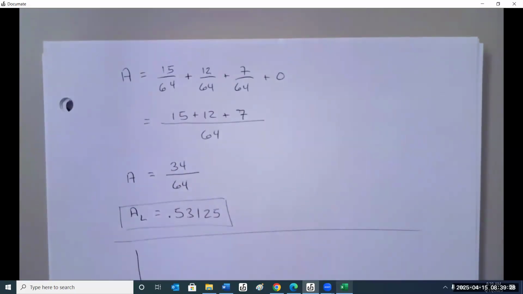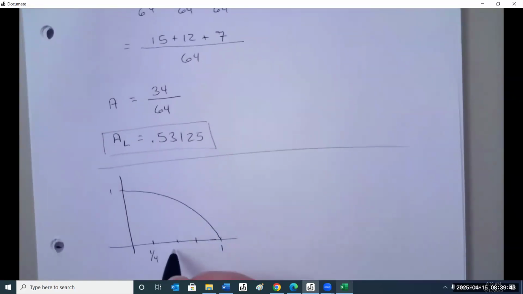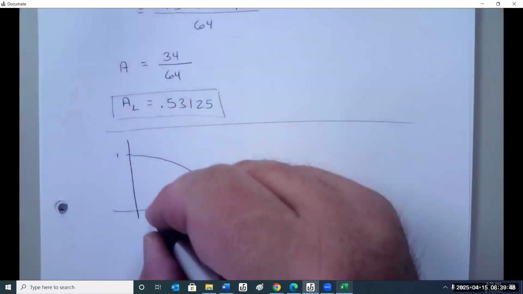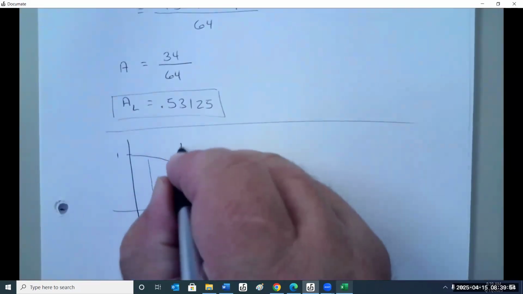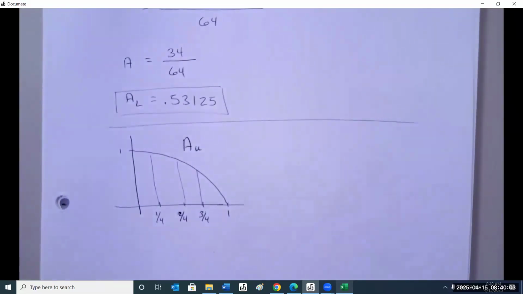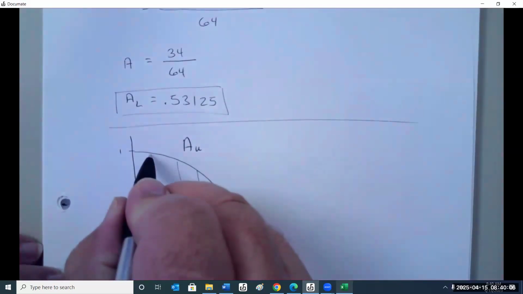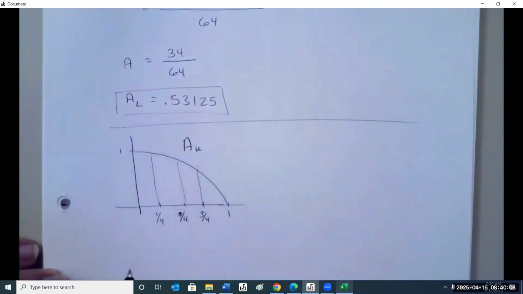And we got to do the same thing. One fourth. I'll keep it all as 2/4, 3/4, and that's 1. Now we're looking for the upper sum. So for the upper sum, we have to be on the outside of the graph.